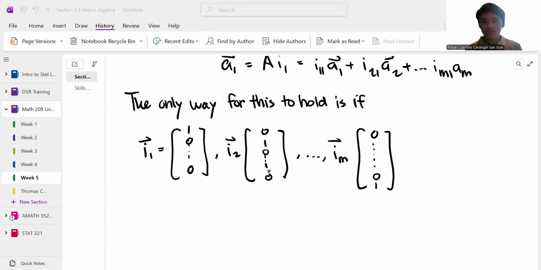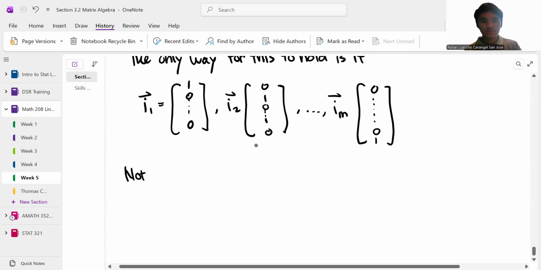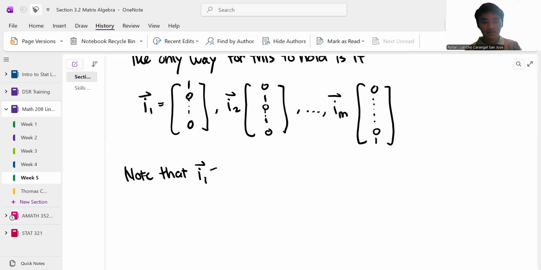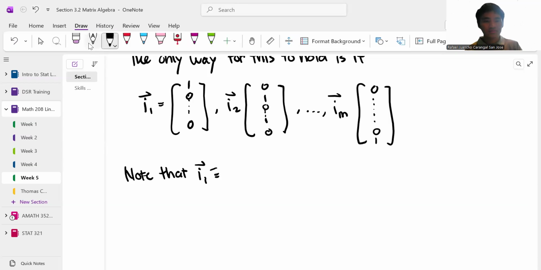Okay. And there's actually a nice way to define this in linear algebra when we define our standard basis vectors. So let's note that actually I sub 1 is the same thing as E sub 1, right? And then I sub 2 is the same thing as E sub 2.